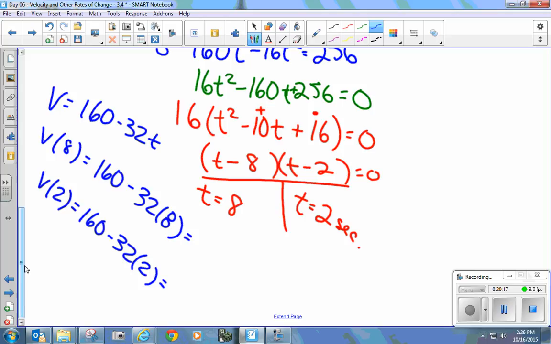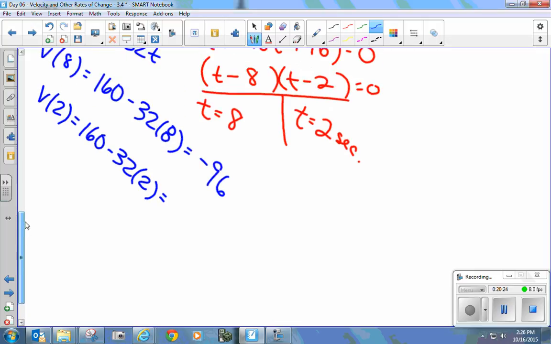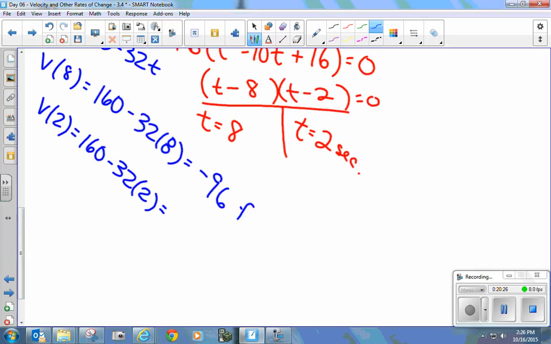This is going to be negative 96. And what's this one going to be? This one's 96. Now wait for it.